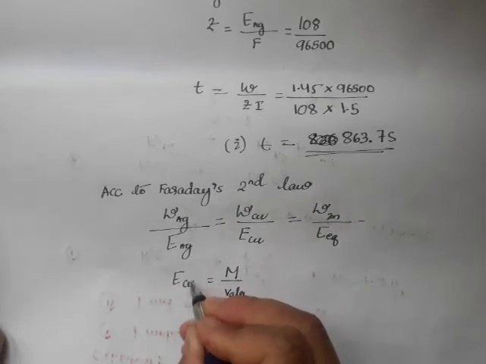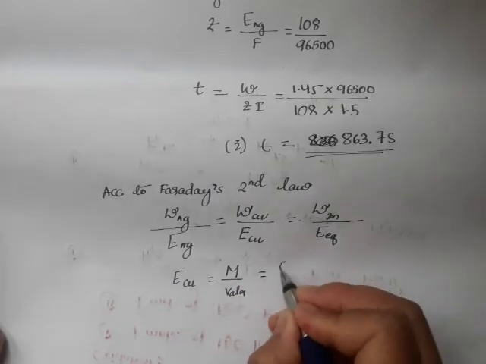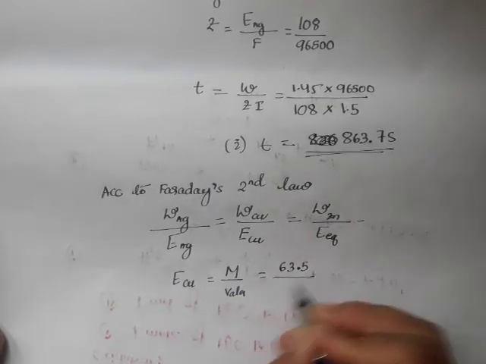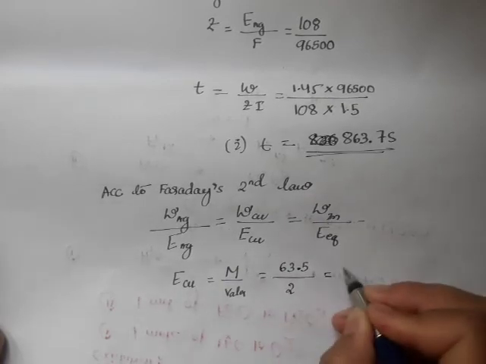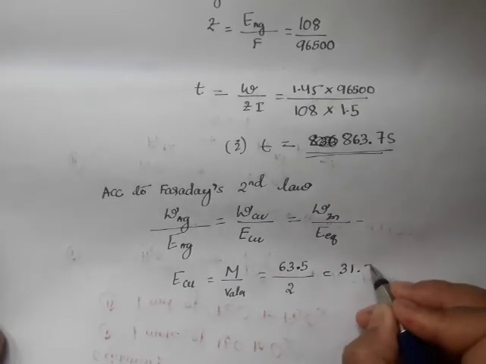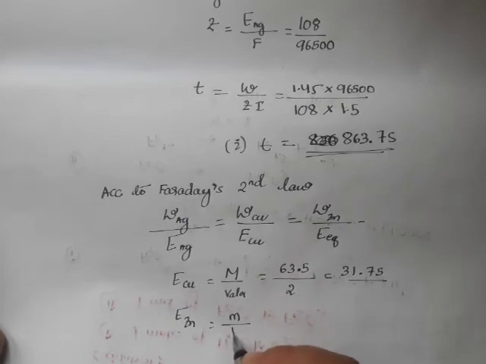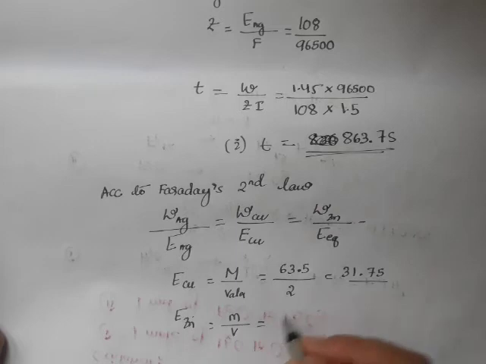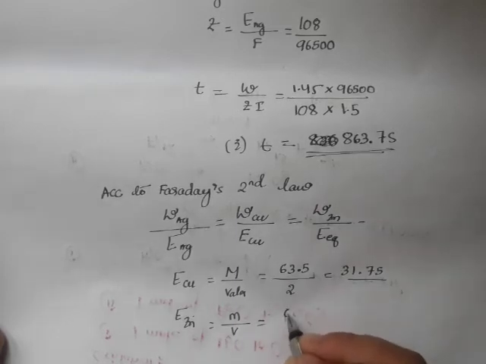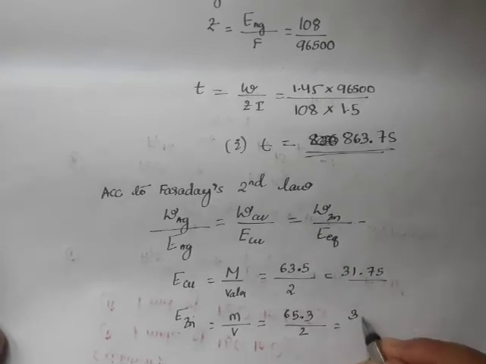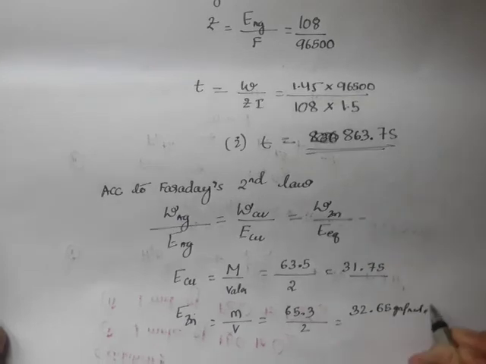Copper here has +2 valency, so 63 divided by 2 is 31.75. The equivalent weight of zinc is molar mass divided by valency. Zinc in zinc sulfate is also in the +2 oxidation state, so 65.3 divided by 2 is 32.65 gram per mole. So these are the equivalent weights.